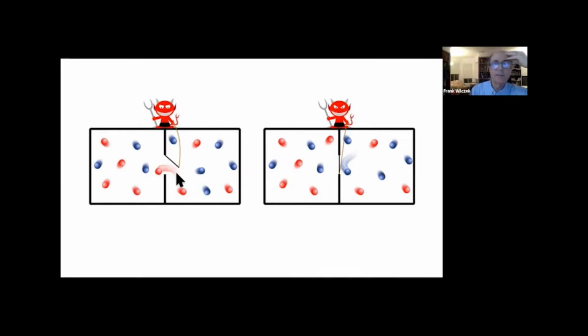energetic atoms through, when you have these two components of a gas on the two sides, and say this one is colder and this one is hotter, the colder one will still contain some energetic atoms, and whenever they come by, the demon opens the trapdoor, lets it through. When a cold atom comes by, it closes the door and doesn't let it through.